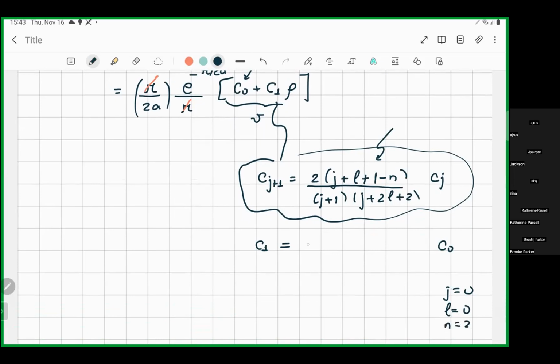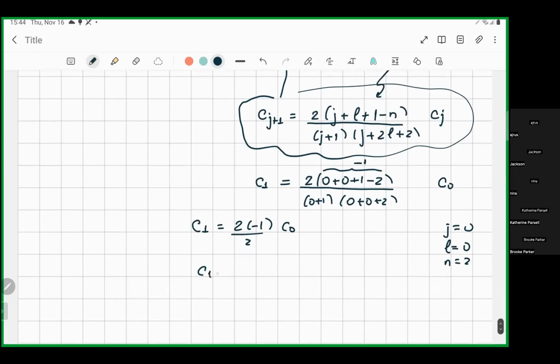So if you put all this here, we get 2 times (0 plus 0 plus 1 minus 2), so you see that all this just gives us minus 1. In the denominator, we have (0 plus 1), so it's just 1, and then we have 0 plus 0 plus 2, which is just 2. Okay, so all that tells us that c_1 is 2 times minus 1 divided by 2 of c_0. So c_1 is just minus c_0.